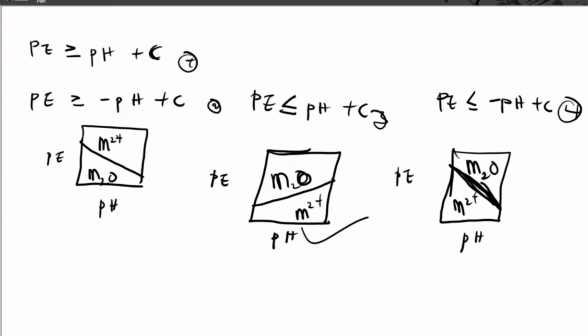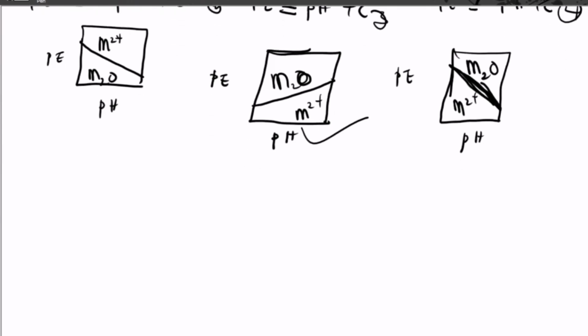What they ask us to draw is, first we had PE against pH. Now we are drawing EH against pH. Now we established that our PE, for the forward reaction, was greater than or equal to our pH plus our constant.